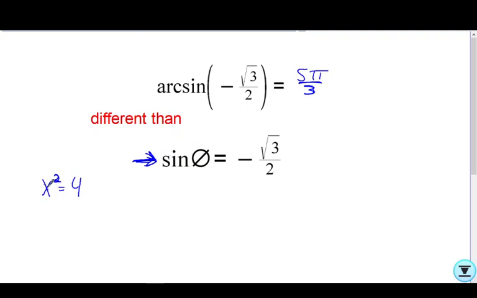What can I plug in for x? When I square it, I get 4. We get x equals positive and negative 2. The solutions could be positive 2 and negative 2. Same thing here. When I ask you, hey, sine theta equals negative square root of 3 over 2, where does that happen? If I'm saying find the solutions that make that true, there are in fact two places that occurs, and we just talked about it. It's at 4 pi over 3 and at 5 pi over 3.